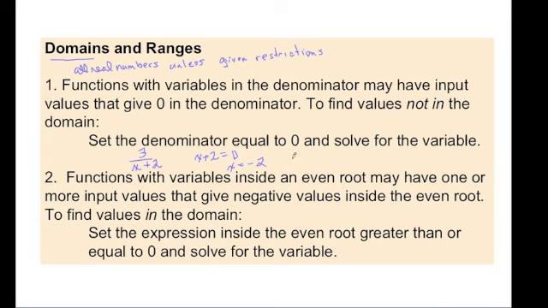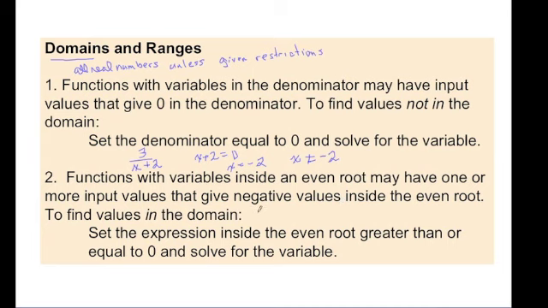So for the function, x could not equal negative 2, because that would make the denominator of the fraction 0, and we cannot have that. Another case where domains are limited: functions with variables inside an even root may have one or more input values that give negative values inside the even root.